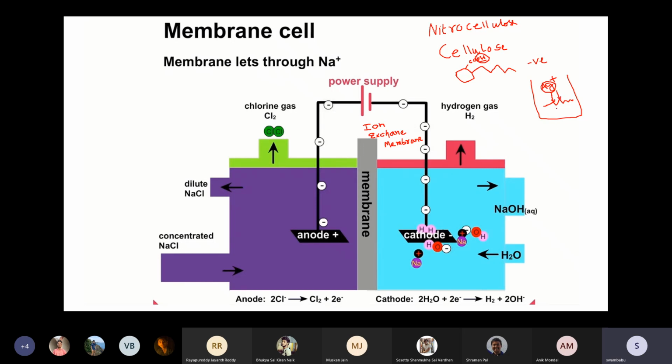Similarly, Na plus ions in the salt solution, if you put them near such a negatively charged material, are attracted because of the opposite charges. So Na plus ions will tend to migrate over this film.